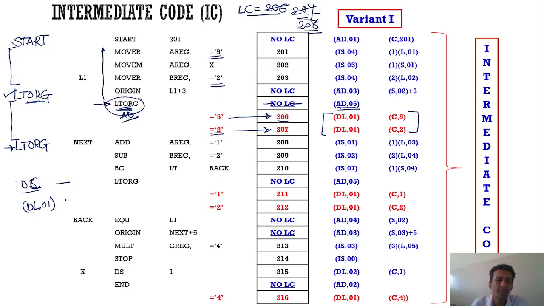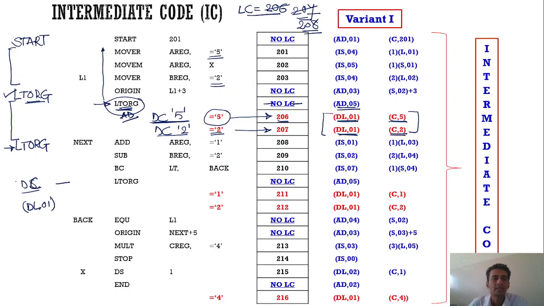So this 5 will be considered as DC 5, and this literal 2 will be considered as DC 2. Translating this into intermediate form will give us DL comma 01, that is the DC statement, and 5 as constant, that is C comma 5. Then DL comma 01, that is the DC statement, and 2 as constant, C comma 2.